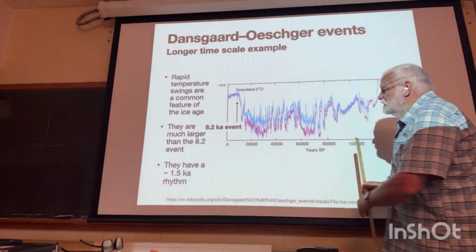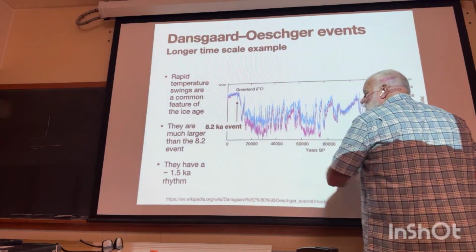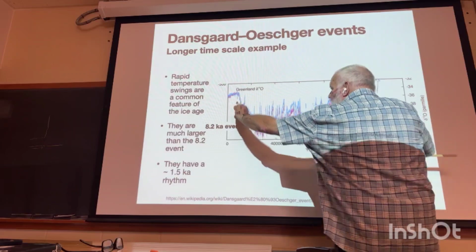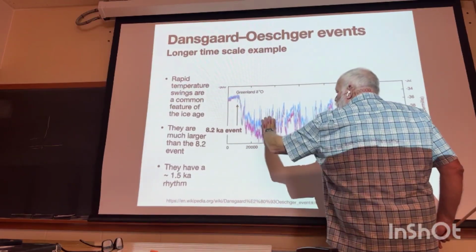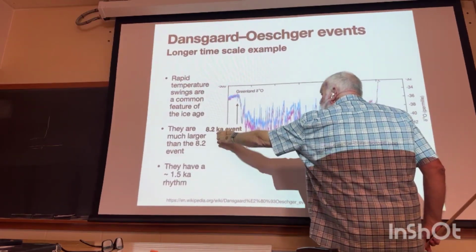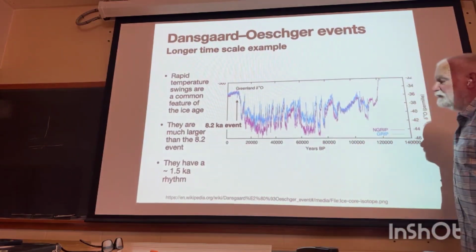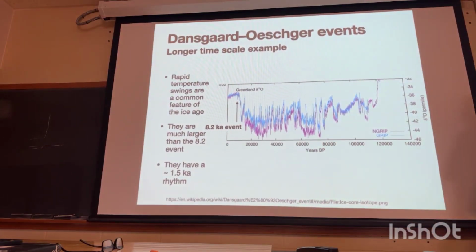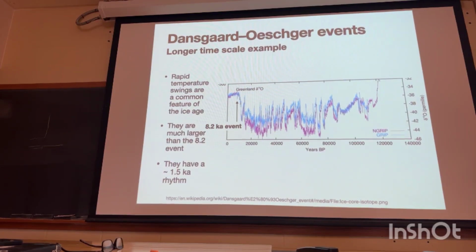So these oscillations have a particular name. They have a larger magnitude. They're 3-4 times as big as the 8.2 event. And they're about a millennium and a half long. Most people associate these with ocean circulation patterns.